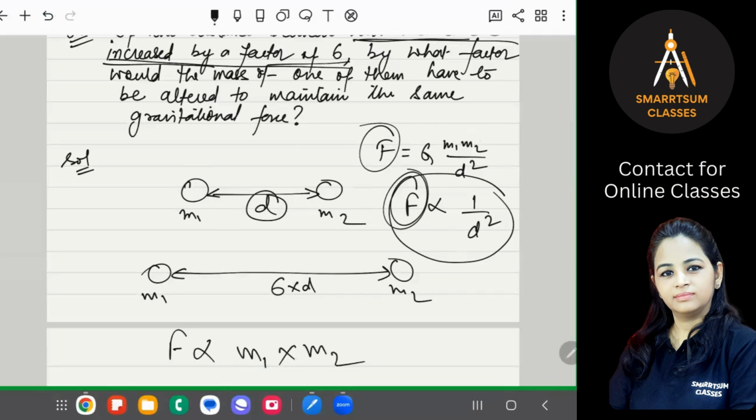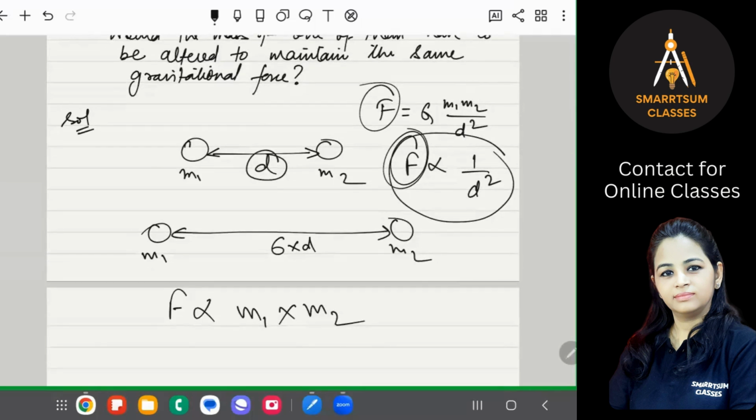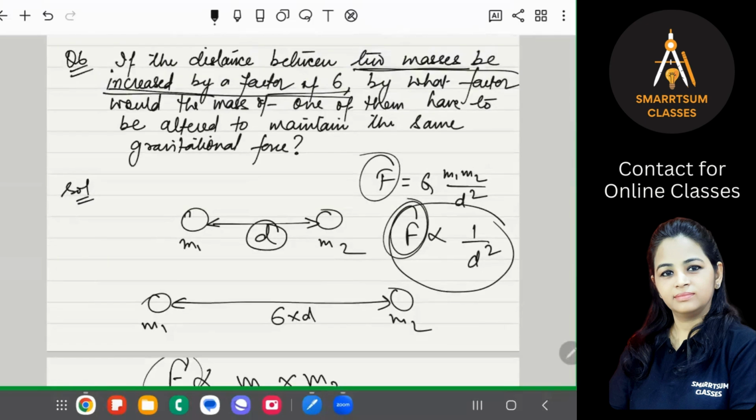Are you getting my point? So if we increase the mass of any one of the objects or both, means M1 and M2 is increased, then only the force will remain the same. So in this question, they have asked that one of them is altered, means one object's mass is increasing.